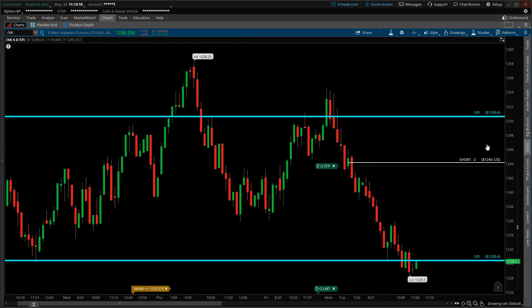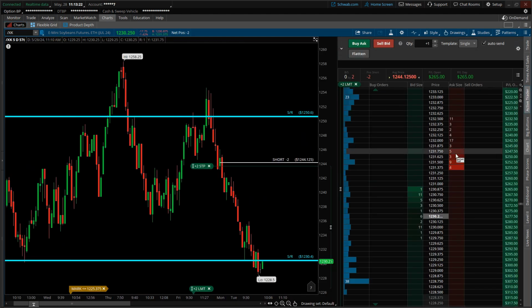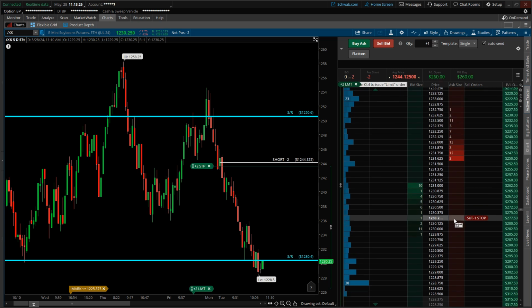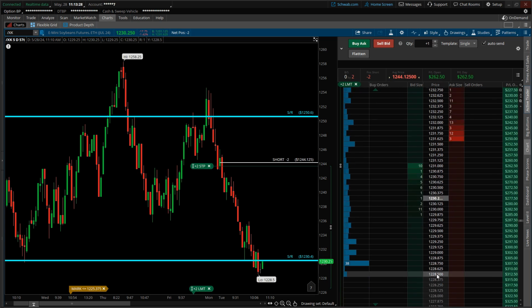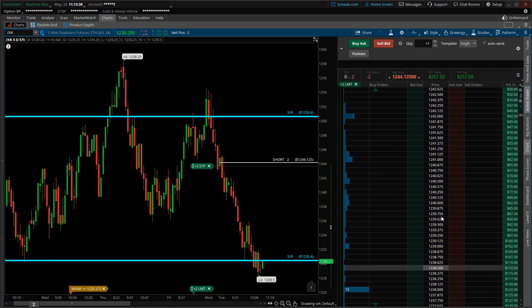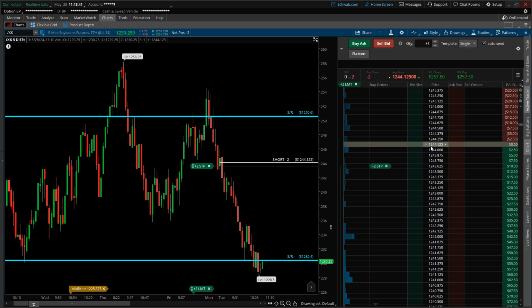Just to put things into perspective, the trade is now up $262. It was actually up a lot higher than that. Right here is the low of 1228, which was a profit potential of $312. If I scroll up, my entry price is right here, marked up by the two yellow arrowheads on either side of price, which is effectively the zero line on the profit and loss side of this ledger.